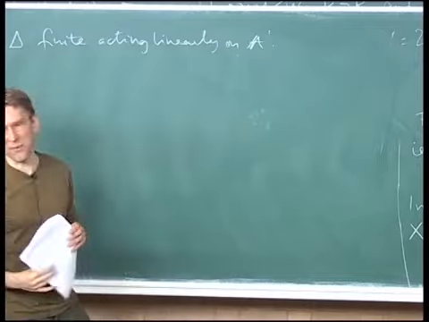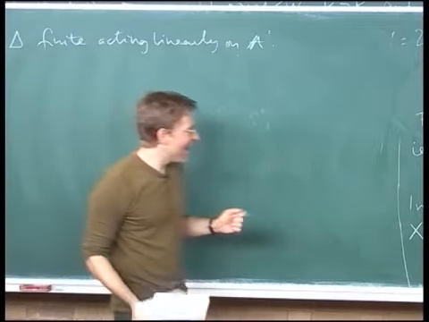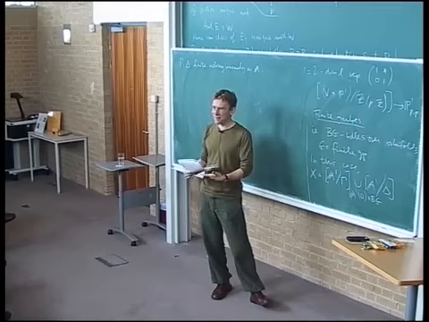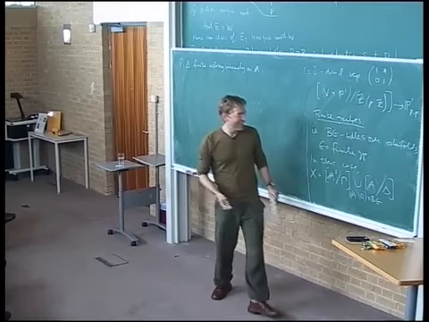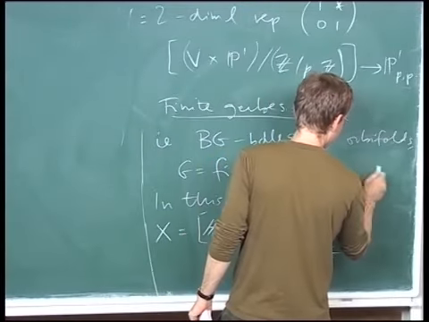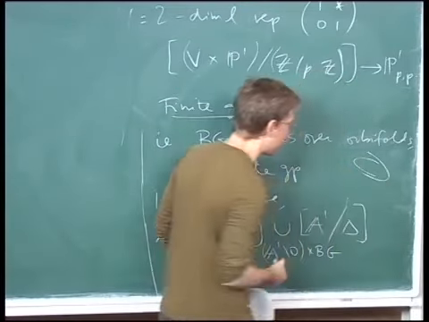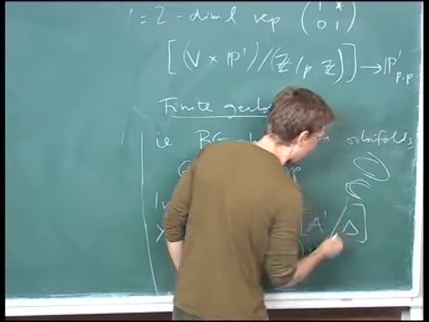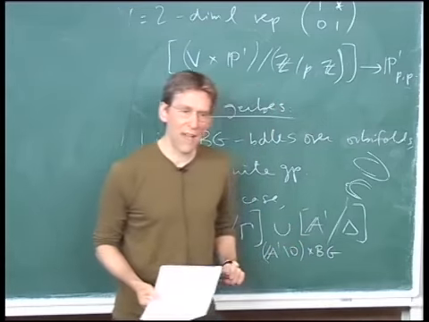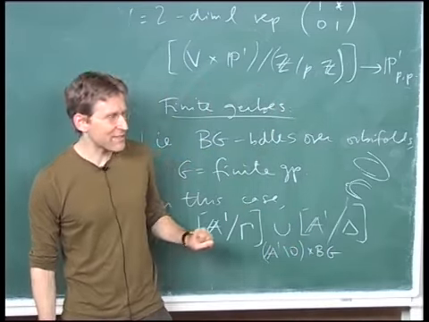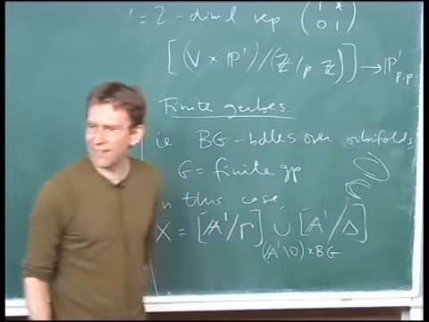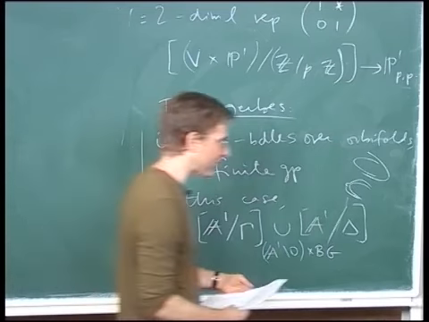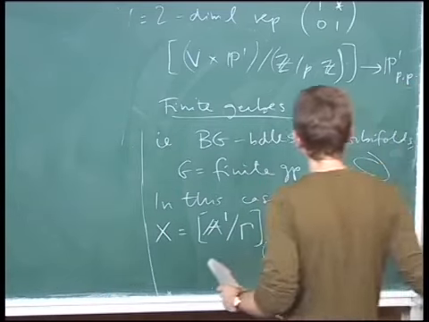One thing that's robust, by the way: it doesn't really matter if you glue using Z maps to Z inverse or Z maps to Z. If I glue together two charts like that, I get P1. But if I glue together like this, I get some non-Hausdorff space. And that actually would be perfectly okay. For those things, I also have that the principal bundle should reduce to a maximal torus.